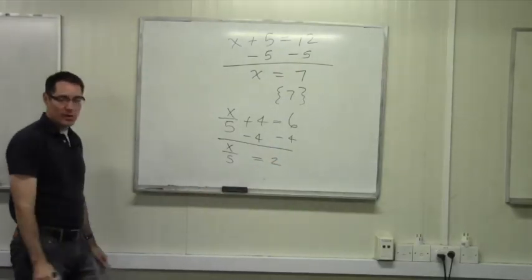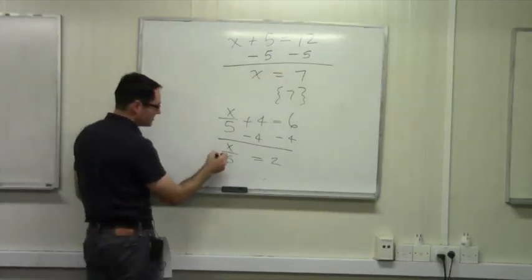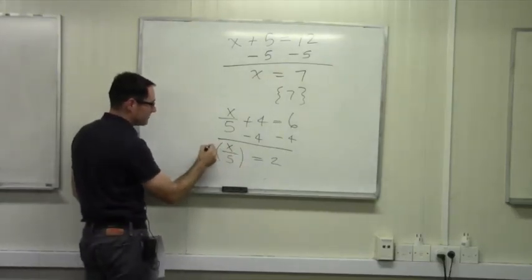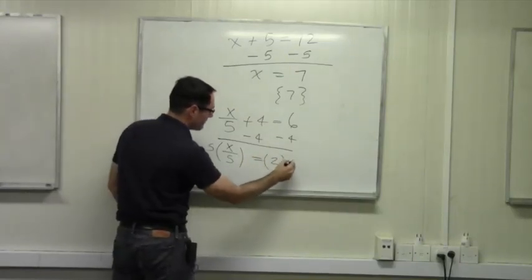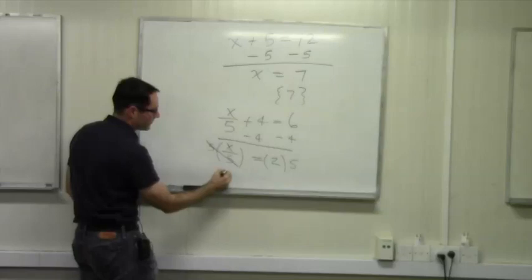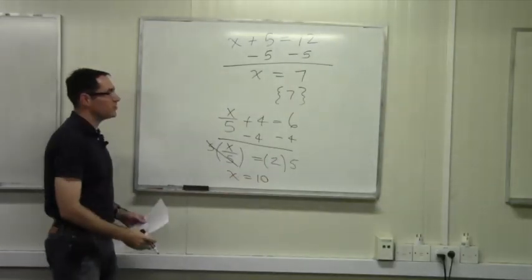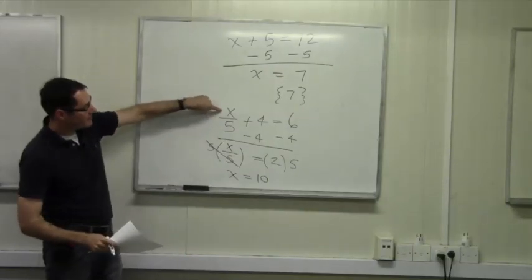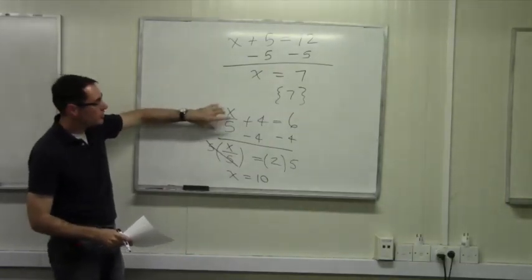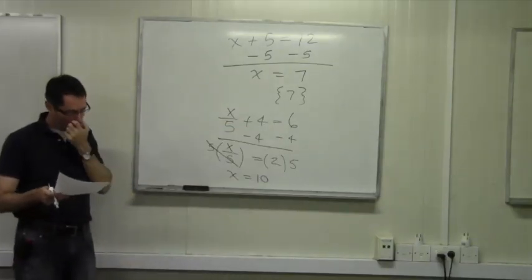And then step 2: multiply by 5 on both sides. Those two 5s are going to cancel out, and we're left with x equals 10. What do we do? We check it. 10 divided by 5 is 2. 2 plus 4 is 6. We got the right answer.